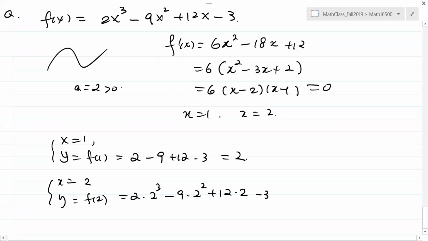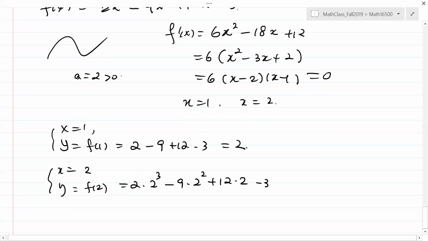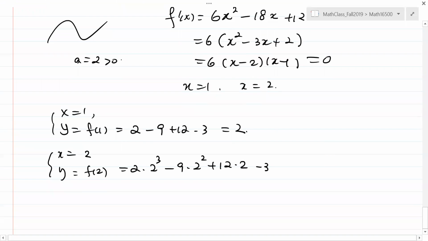This is a little bit complicated to get. I think this answer will be 1. Let's check.